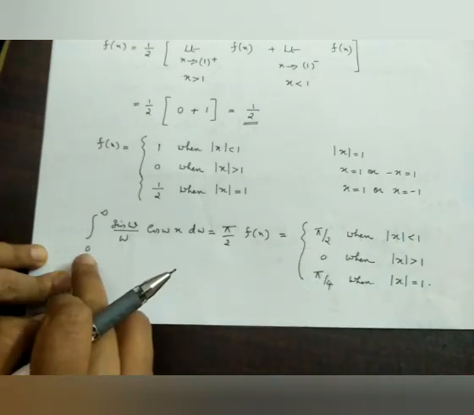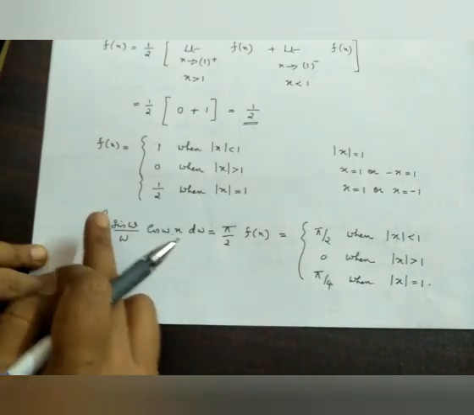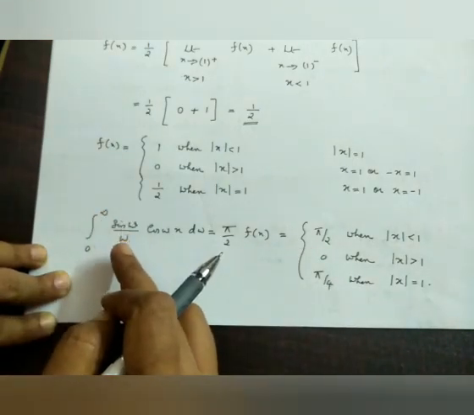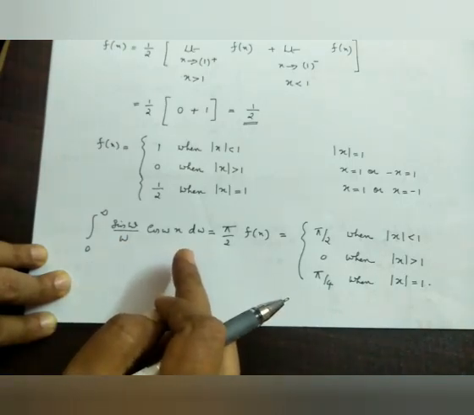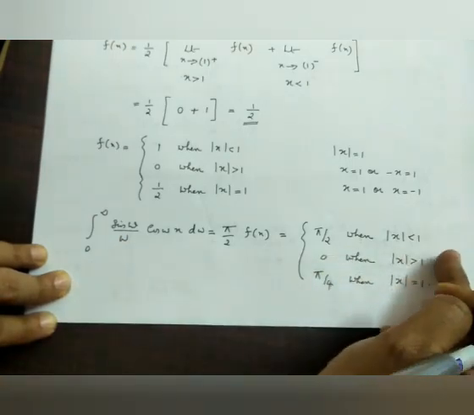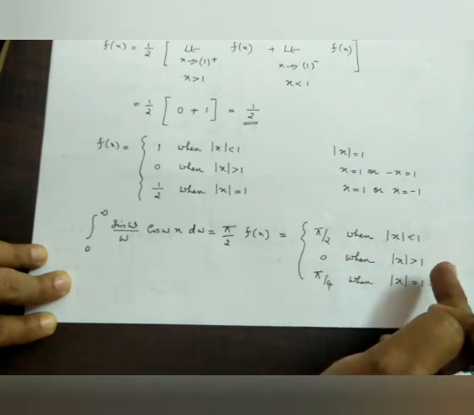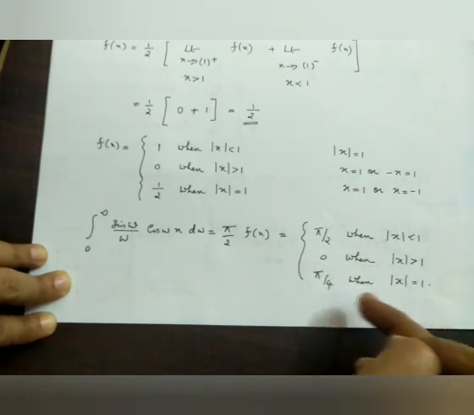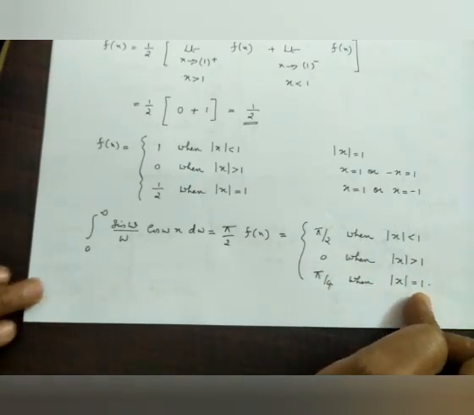Therefore, the formula is: integral from 0 to infinity of sin omega by omega cos omega x d omega is pi by 2 when mod x is less than 1, 0 when mod x is greater than 1, and pi by 4 when mod x is equal to 1.